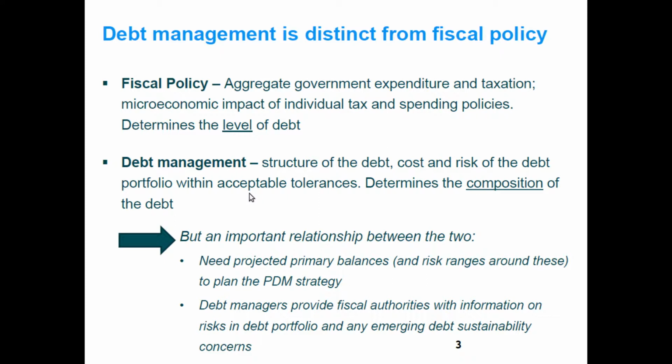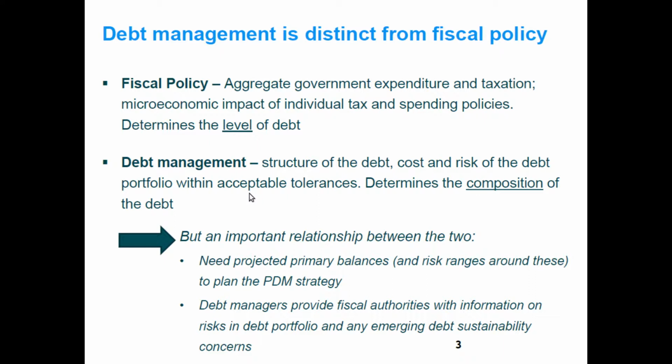So a good place to start when you're thinking about designing institutional arrangements for managing public debt are what are the core elements of the governance and accountability structure. Given that the public debt portfolio is a large percentage of GDP, careful management of it is critical both in terms of financial stability and also fiscal outcomes to the government.